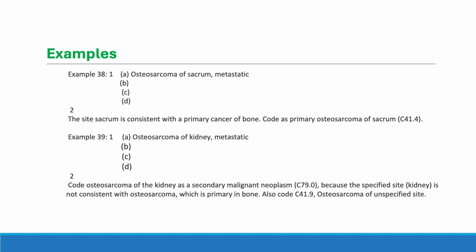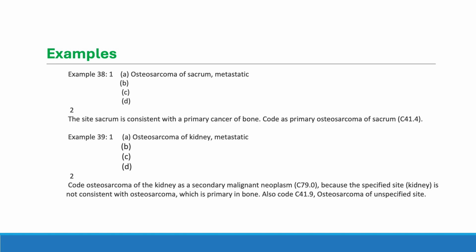Slide 25 presents 2 examples of coding metastatic osteosarcoma in different scenarios. In example 38, osteosarcoma of the sacrum is coded as a primary cancer, C41.4, because the sacrum is consistent with the primary bone cancer site.